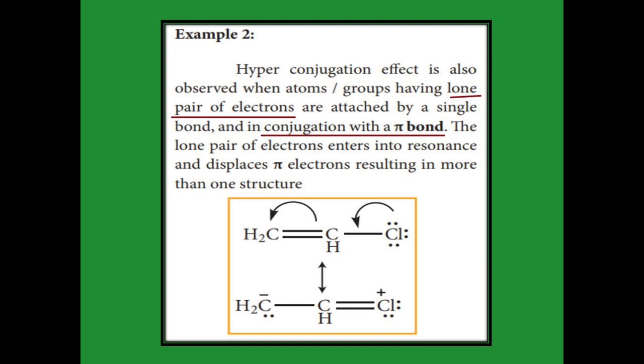Now the CH2 carbon gets a negative character, and the chlorine loses one of the electrons, so it becomes positive. Thus delocalization of sigma electrons is obtained when a lone pair of electrons is in conjugation with the pi bond, so this is called the hyperconjugation effect.